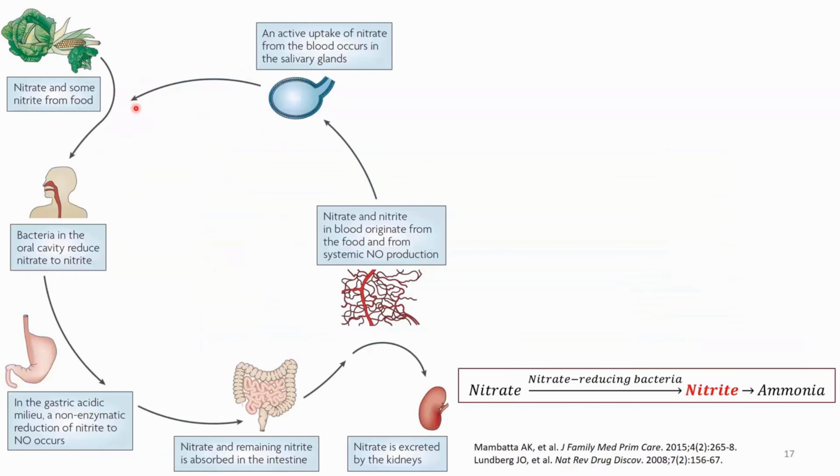So here's the nitrate cycle. Basically, nitrates are important. As you eat food, nitrate will be part of the food that comes into the body, and of course, the bacteria that are part of the flora will use nitrate as food, and this cycle continues.